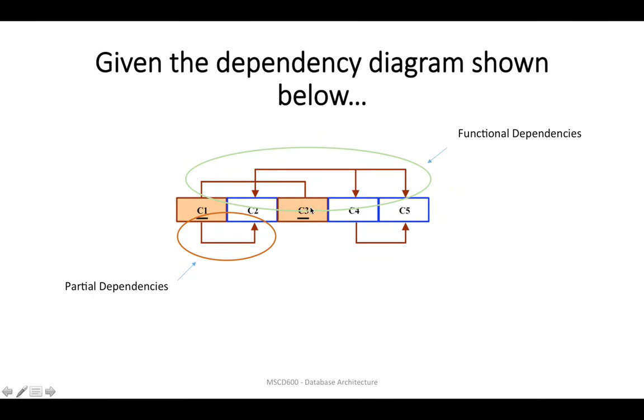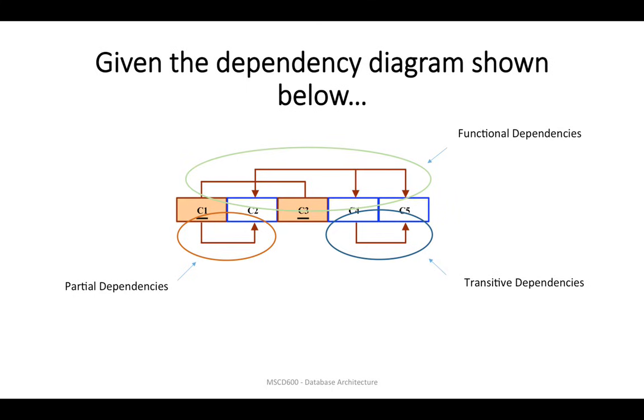If I knew C1 and C3, I could determine C5. However, just knowing C4 allows me to know C5. When we have actual data in my second example, it'll become a little bit more clear as to why C4 determines C5. But for now, just know that someone has determined that C4 alone can determine C5. Okay, so those are our transitive dependencies.